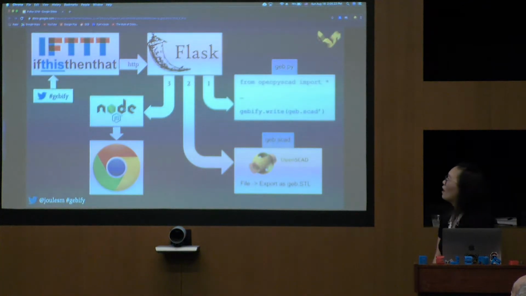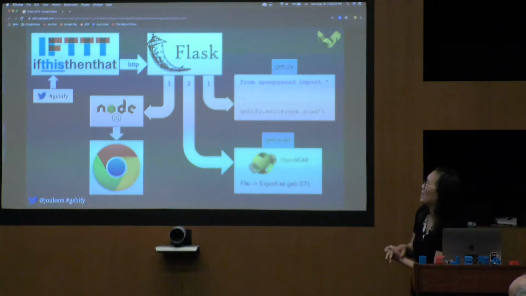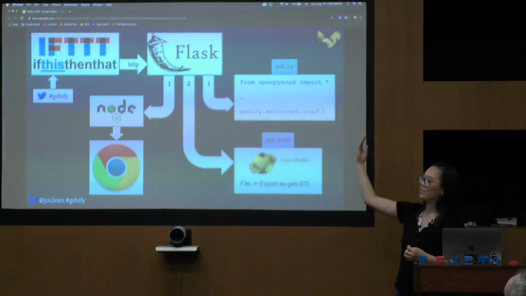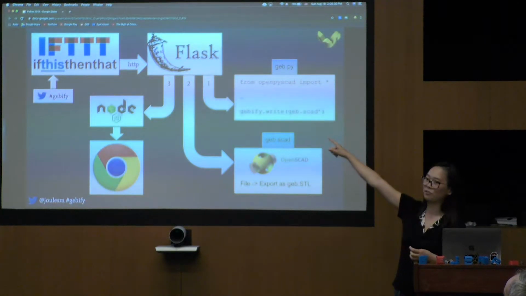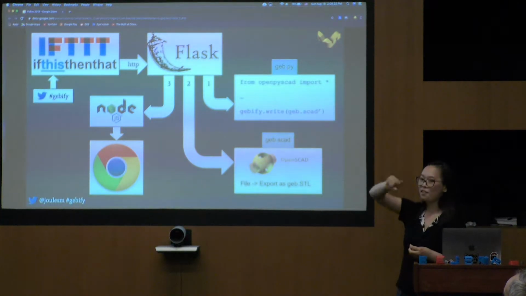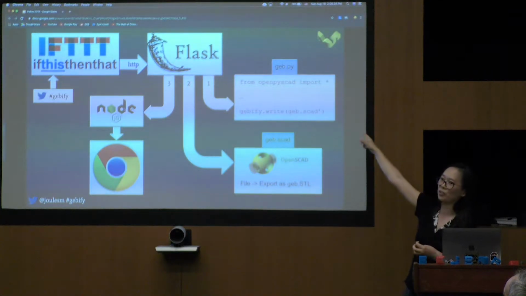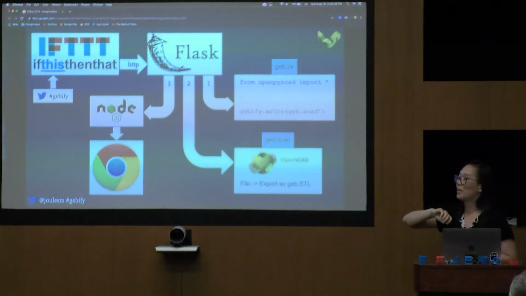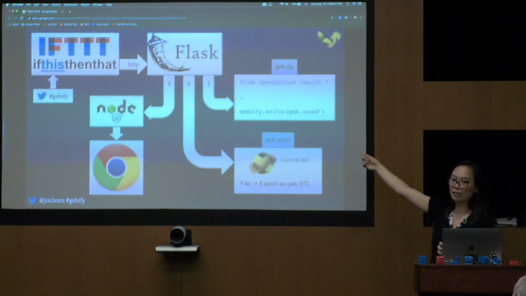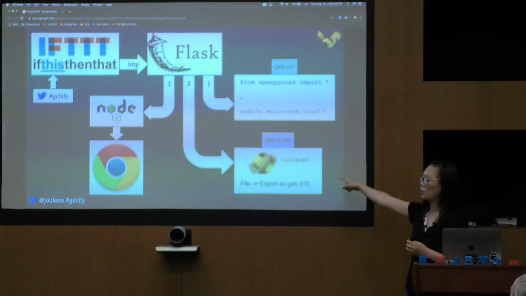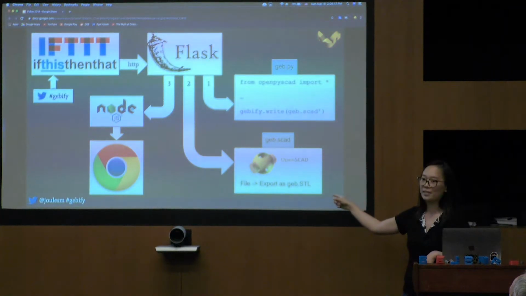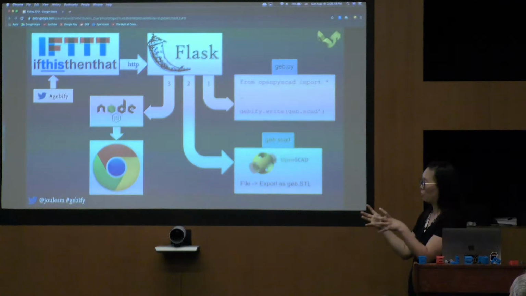So let's say you want to build this crazy thing where you have an If This Then That applet that looks at this hashtag on Twitter. Whenever it sees that hashtag, it sends an HTTP request to this Flask server that you have on your home server. The Flask server takes that tweet, sends it to your geb.py file, does some processing on it to pull out some letters to make into a 3D object, calls OpenSCAD from the terminal, which you can do, which is kind of cool, and then exports to an STL without ever having to actually open the program itself.